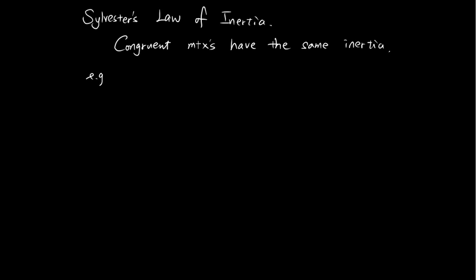So as we see, A is congruent to B, which is a diagonal matrix. It is not so easy to look at A and just read off its eigenvalues. But compared to that, B's eigenvalues are just 1 and 0.